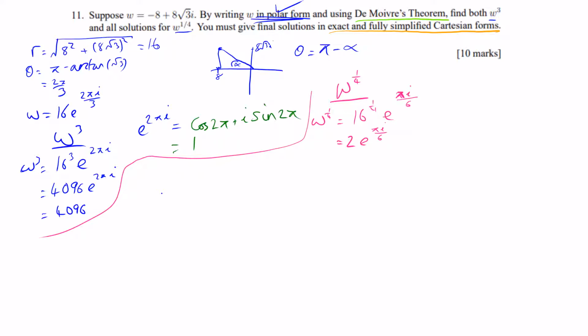When we find the root of a complex number, so here we're looking for the fourth root, we know that there are 4 different roots. So if we have a quick look at w, which was 16 e to the 2 pi i by 3, then we would have 16 lots of cos of 2 pi by 3 plus i sine 2 pi by 3.